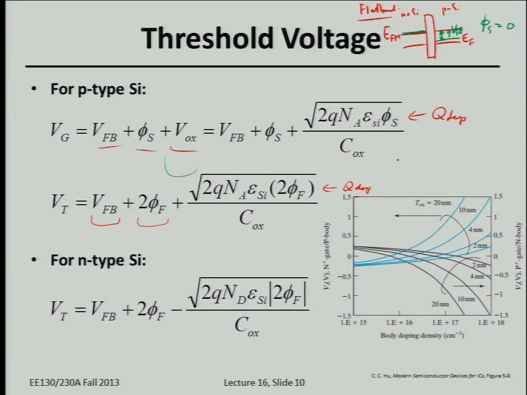Okay, so this little demonstration is the reason why you have to do voltage sharing. As you change the voltage on the gate, you're adding or subtracting charge to the gate, and therefore you have to add or subtract charge of the opposite sign in the silicon. If that charge is not easily supplied... under accumulation, you have a lot of mobile holes that can be supplied from the contact.